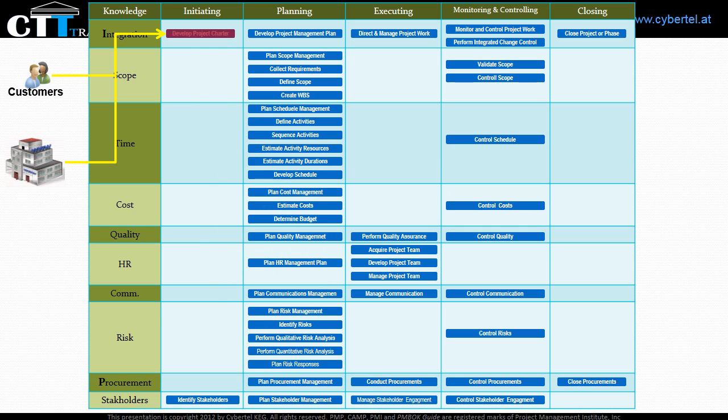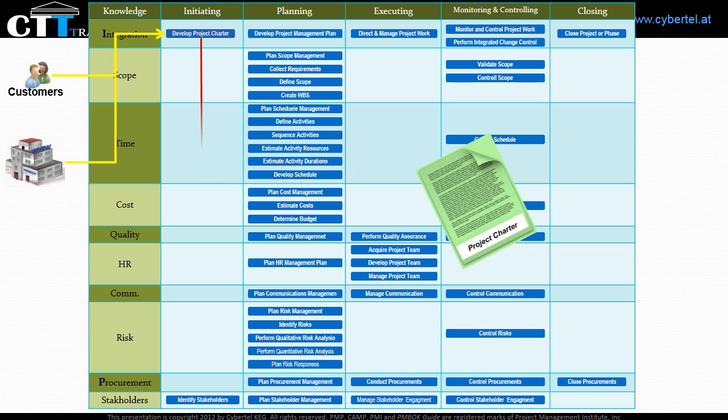Then, performing the tools and techniques for this process, which were expert judgment and facilitation techniques. And at the end, we came out with the project charter as an output, which will be needed as an input to the identify stakeholders process, because in the project charter we will find the name and responsibility of the key stakeholders.